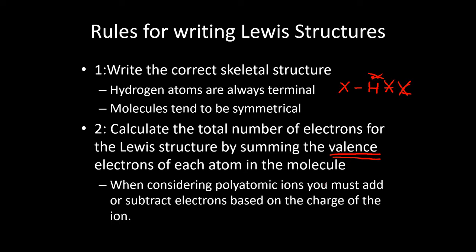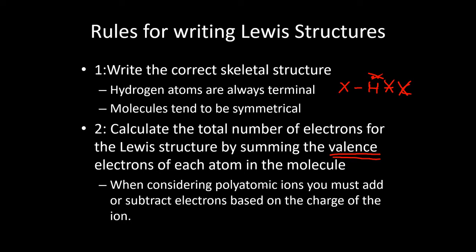It's a very common mistake that students unfortunately make on exams or on homework, is they will add up all the electrons. We are not looking at all the electrons, we are only looking at the valence electrons, because again, these are the only ones that can interact with other stuff. They're the only ones that can actually form bonds.